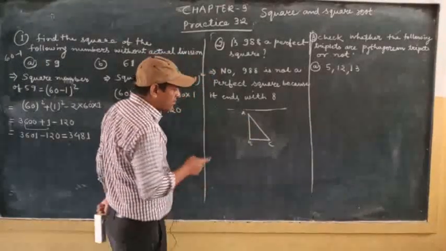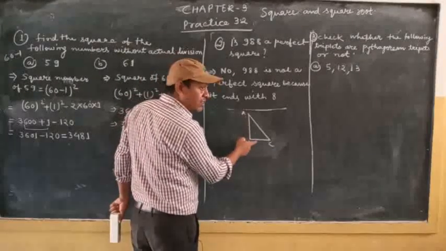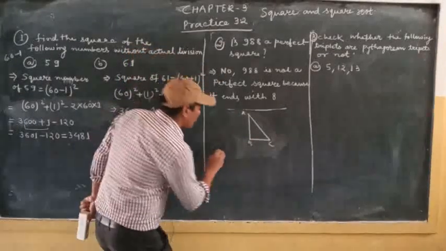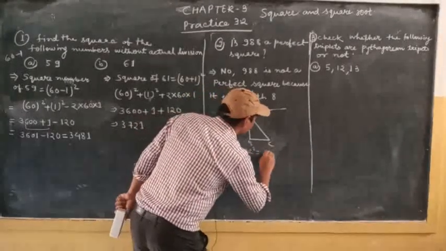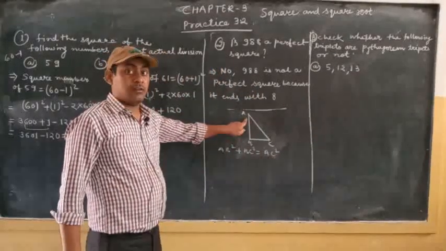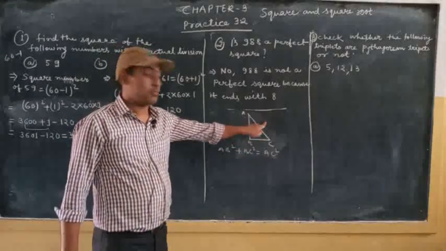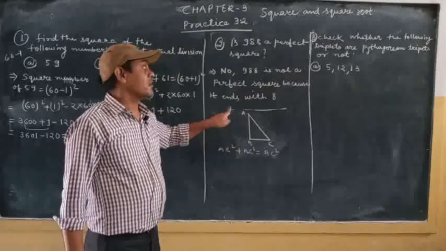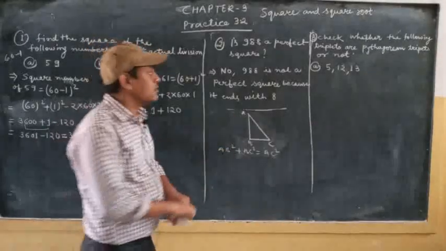As we know, the sum of the square of the perpendicular and the square of the base is always equal to the square of the hypotenuse. So AB square plus BC square is equal to AC square. If this holds, then it follows the Pythagorean triplet, otherwise not.